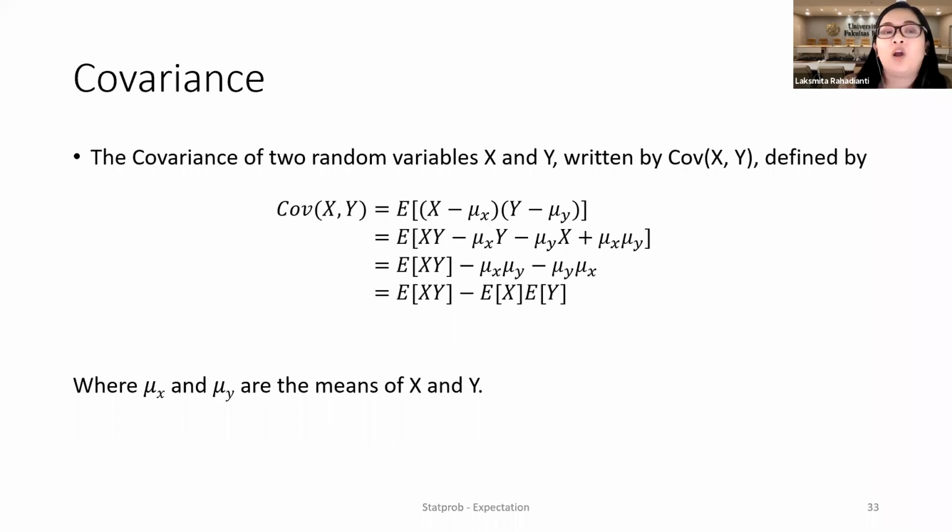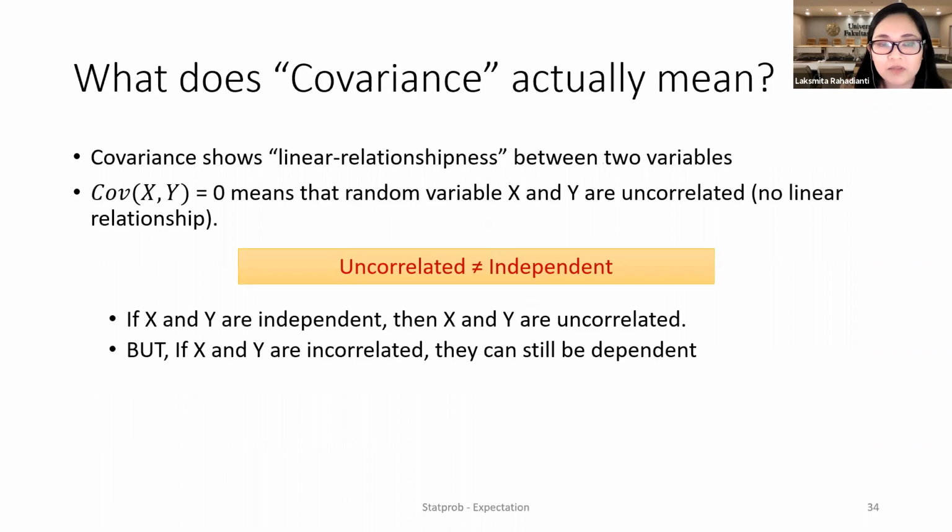We have what we call covariance of two random variables, x and y, written using the notation Cov, which can be computed as follows here. And we can compute it to get some ideas about these two random variables.